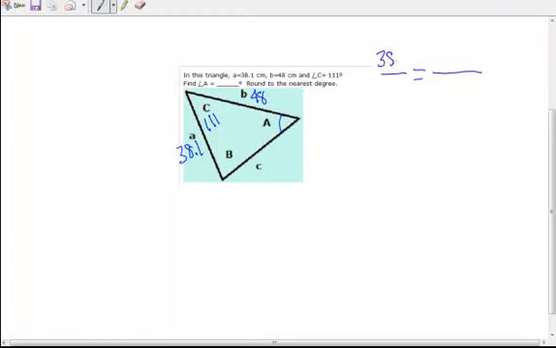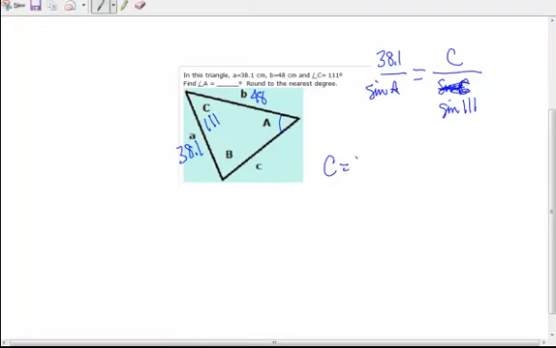We have 38.1 over sine A. That's related to sine of C, which will be related to that 111 degrees. But we have to find C first.